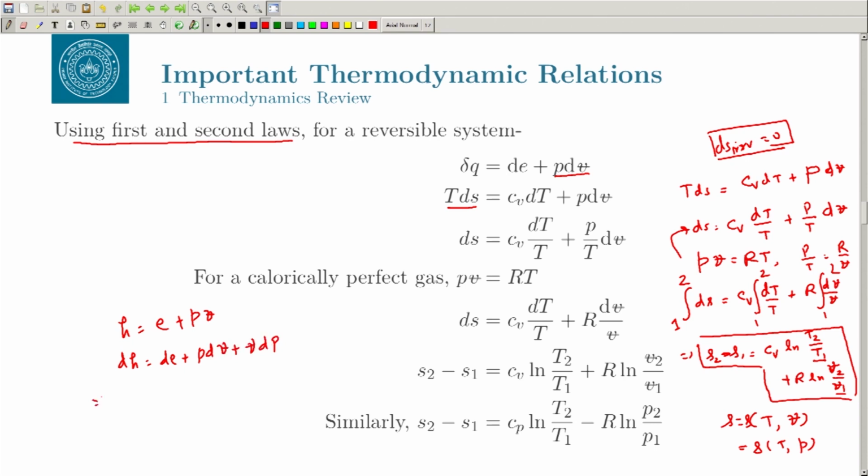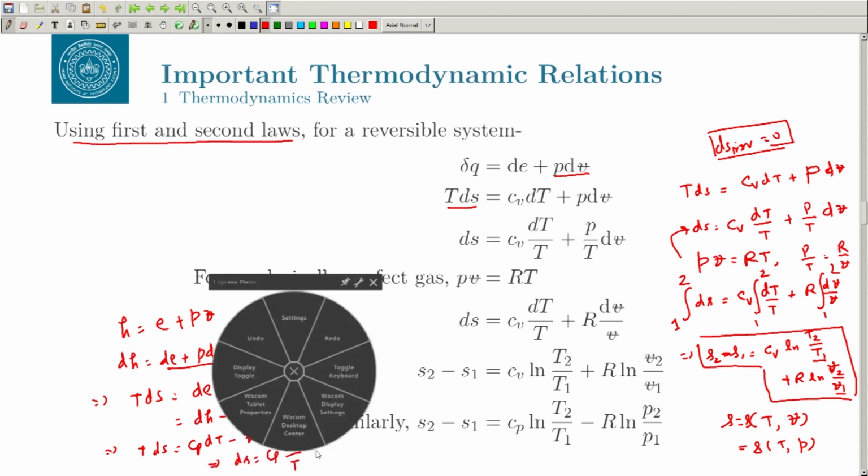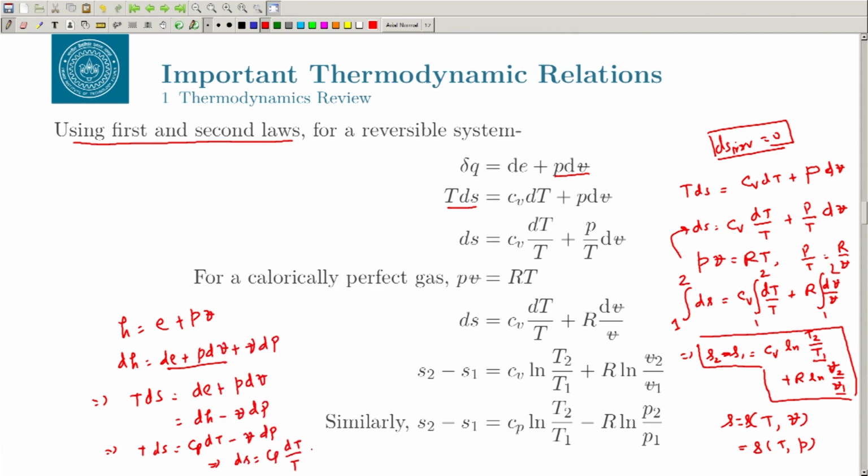So, T dS can be written as dE plus P dV, and that will be dH minus V dP. That can be written as T dS equals Cp dT minus V dP, and this can be written as dS equals Cp dT by T minus V by T dP.